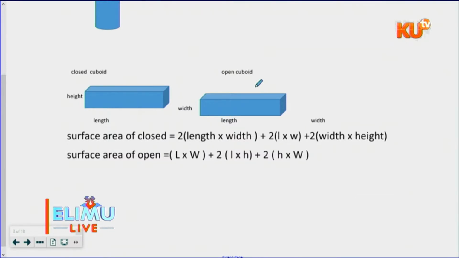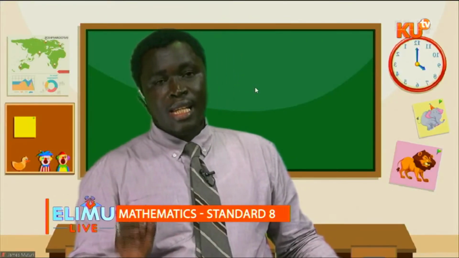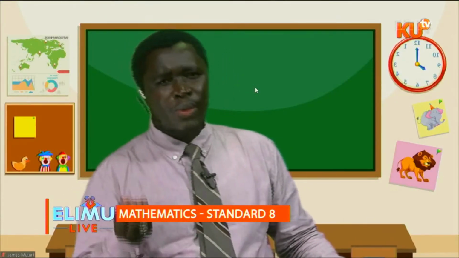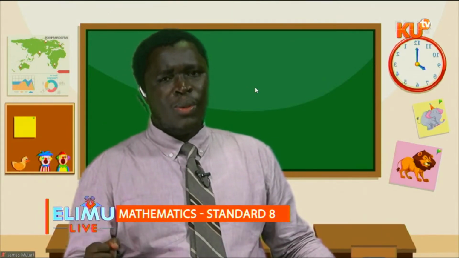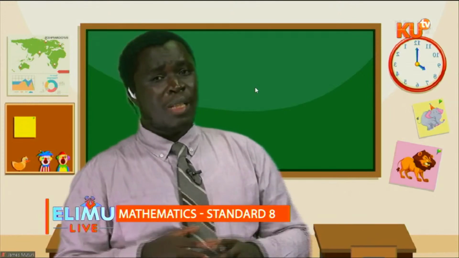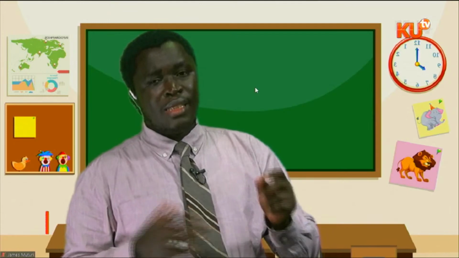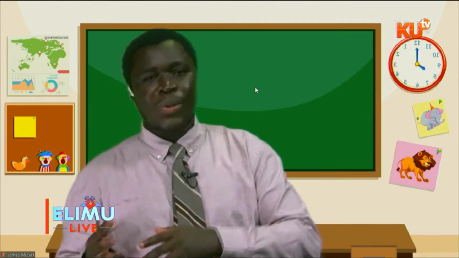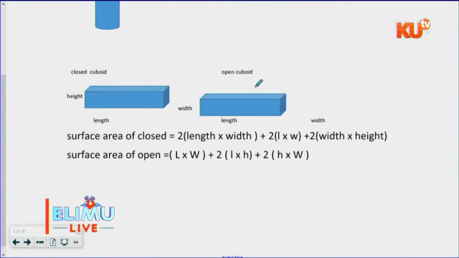So when we'll be calculating the area, we'll be calculating the area minus one face. So not all the faces are going to be multiplied by 2, because one of the faces is missing its twin or its identical face. All right, we say the top is not there. So what will be the formula of getting the area of the bottom?